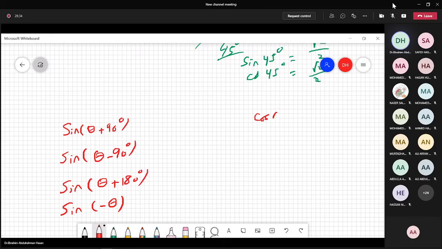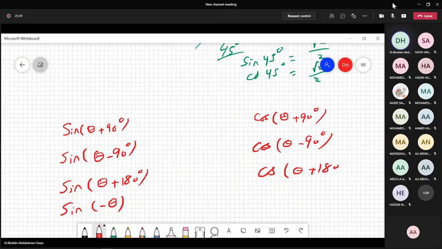Similarly, I need cosine theta plus 90, cosine theta minus 90, cosine theta plus 180, and cosine minus theta.